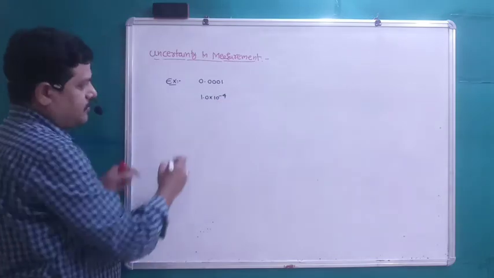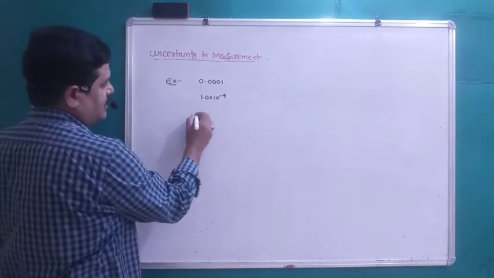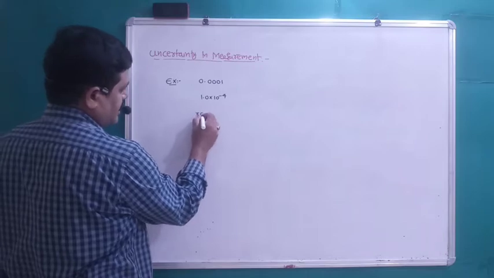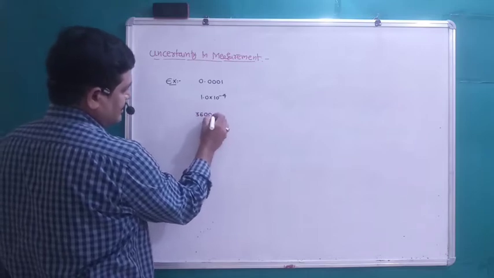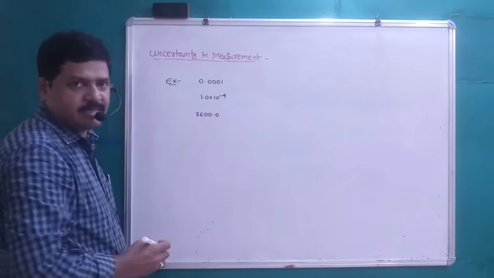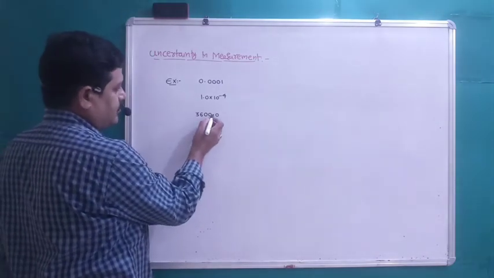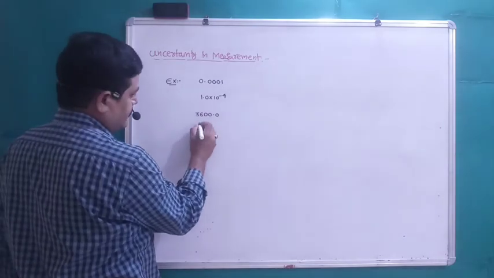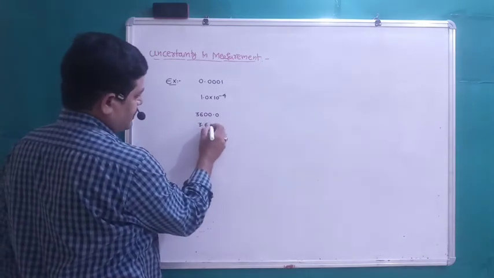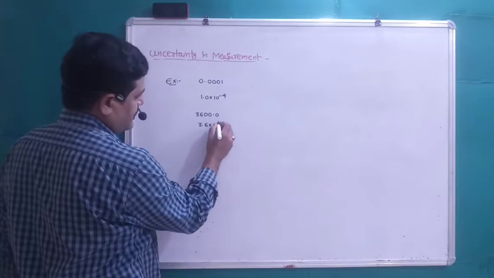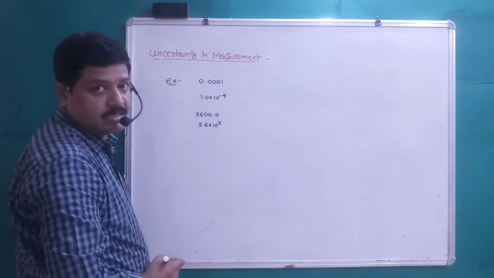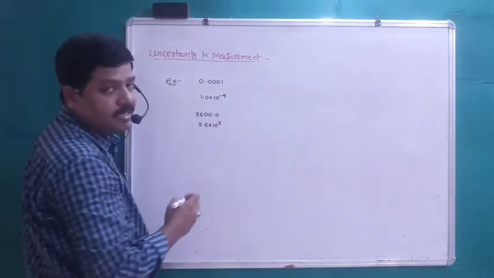In another result we got 3600, which I am writing as 3600.0. The decimal point is moved to the left side, then we get 3.6 into 10 power 3. This is the general form of scientific notation.